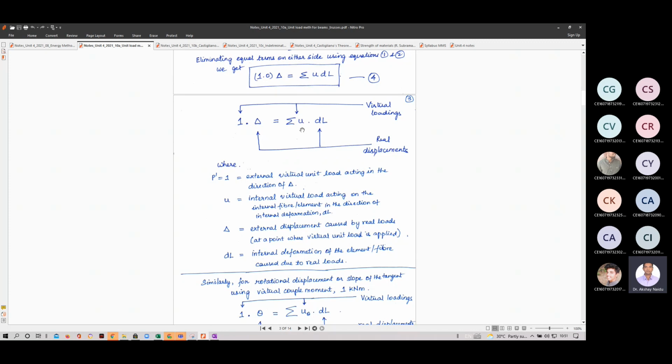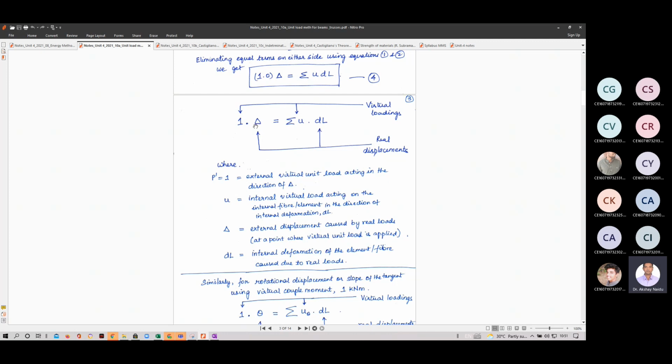Strain energy is force times displacement, internal force times internal displacement. So here you see 1 and this u are virtual loads. It is actually not existing. We are applying that one load, and due to this unit load, the internal forces that are produced are these.